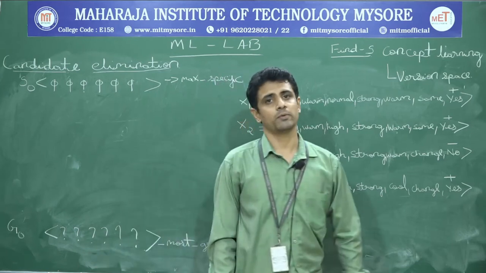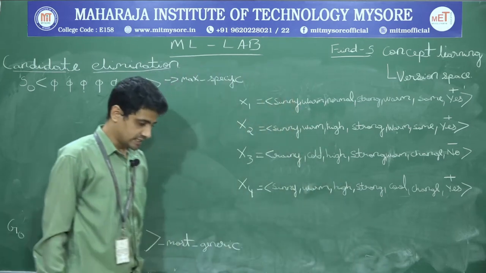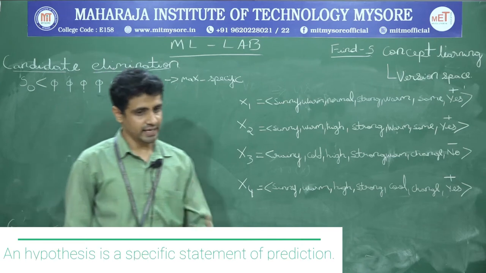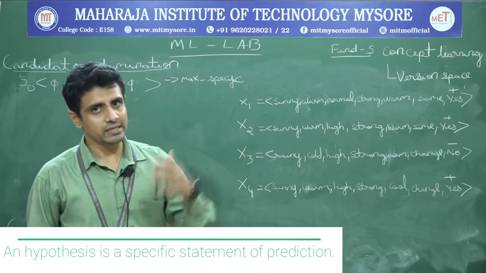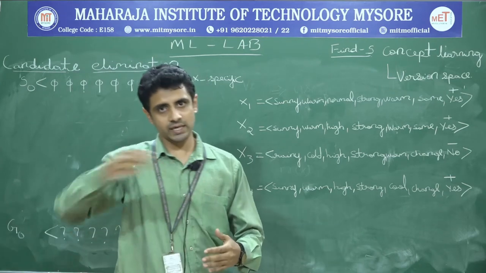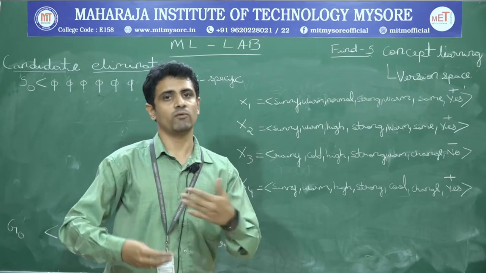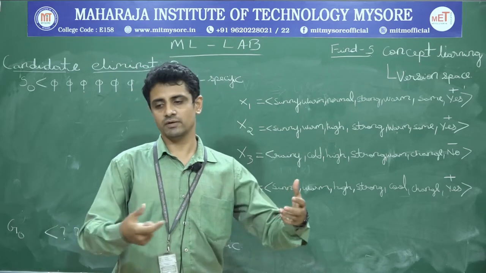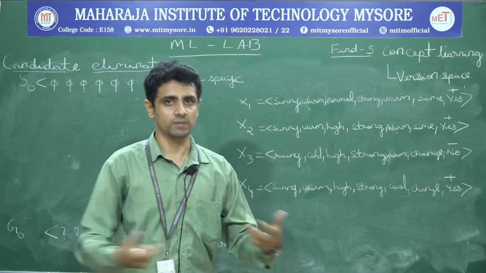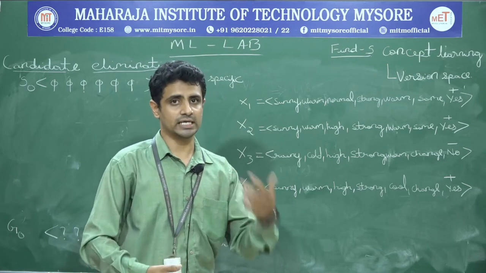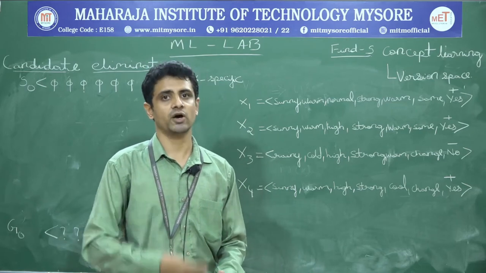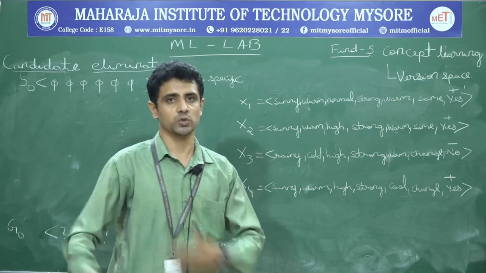Now what is this hypothesis meant to be? Whenever we have a set of training examples, we need to train the machine such that for the next coming examples, it can identify automatically what it is. Say I give 4 to 5 attributes of a chair to a machine. Based on those attributes, it has to identify whether I am talking about a plastic chair, just a chair, or a wooden chair, and so on.